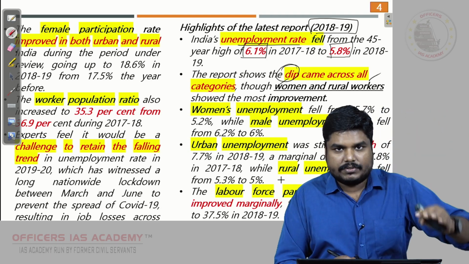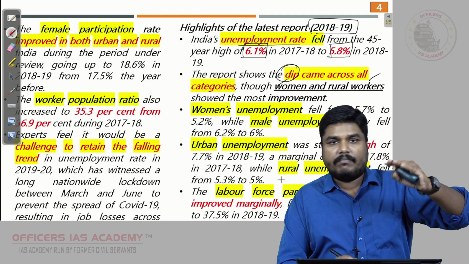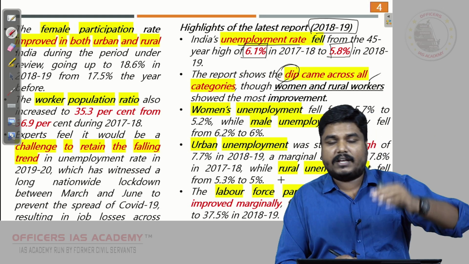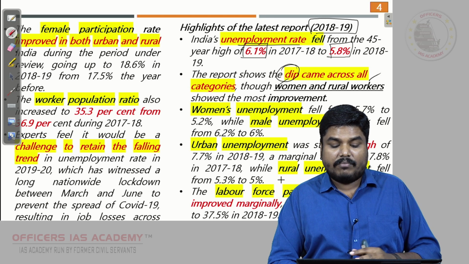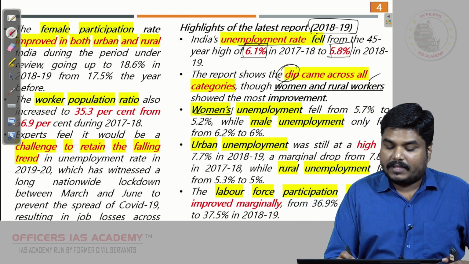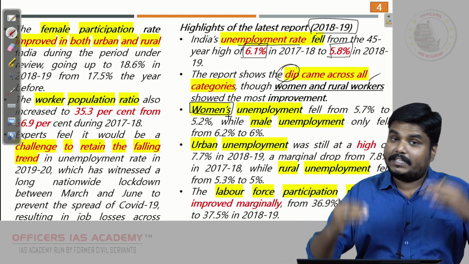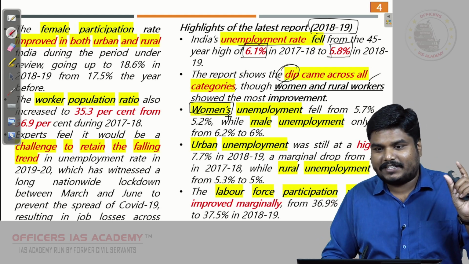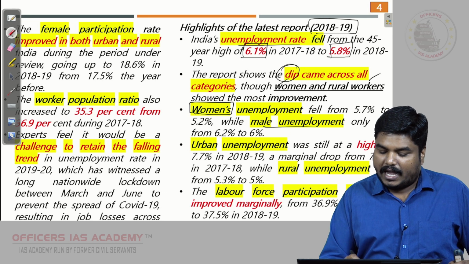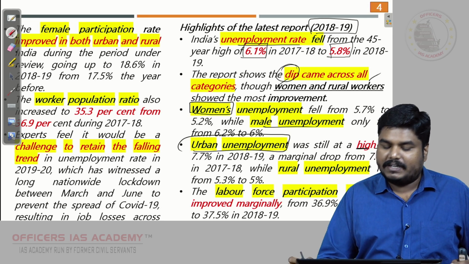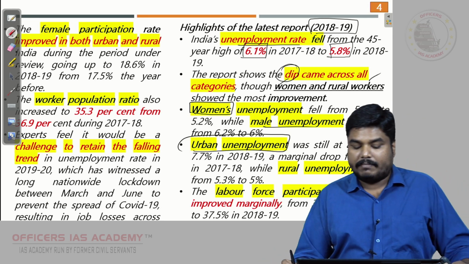Unemployment in women, men, rural and urban areas reduced. But unemployment among women got reduced to a large extent compared to male unemployment. Similarly, urban unemployment was high compared to rural unemployment.